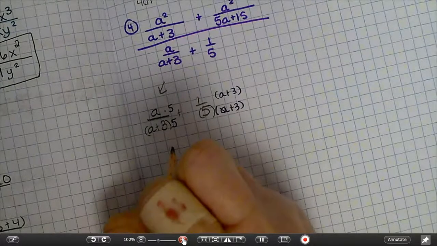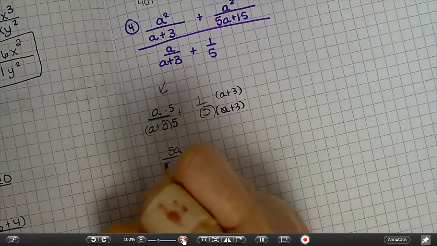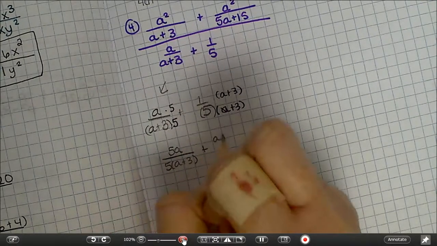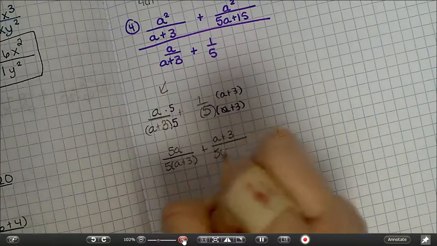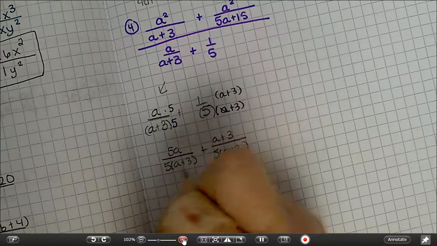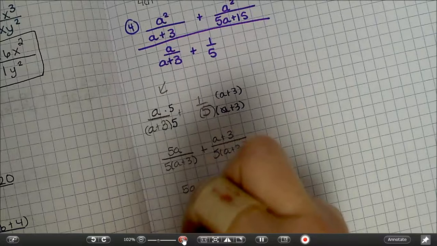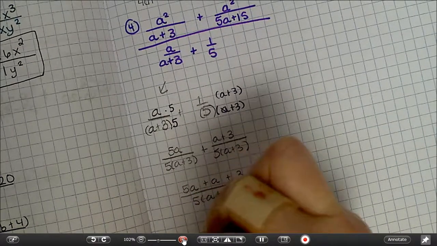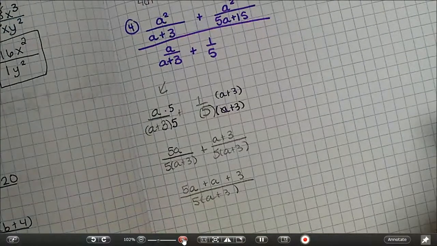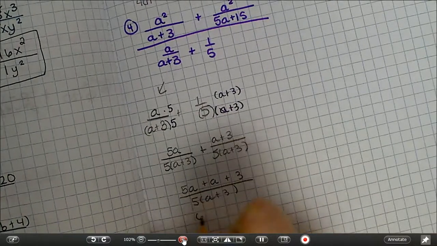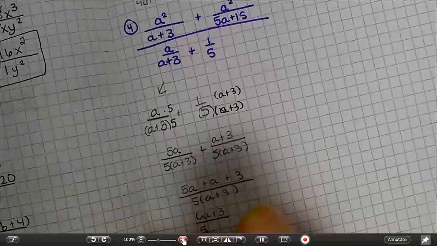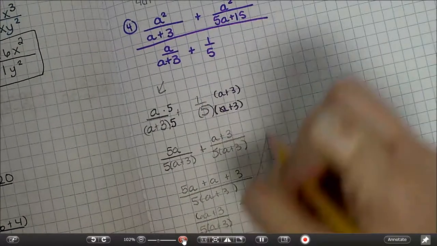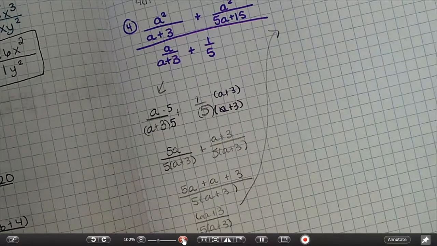So we have 5a over 5 times a plus 3 plus a plus 3 over 5 times a plus 3. We're going to add 5a plus a plus 3 all over the common denominator, and we're going to combine like terms. And that's going to be our denominator.